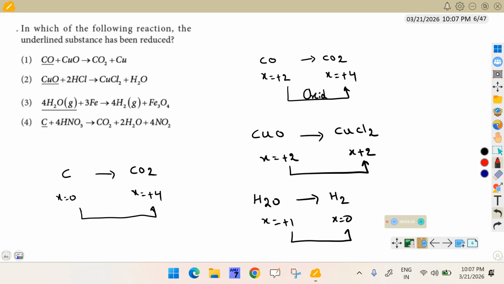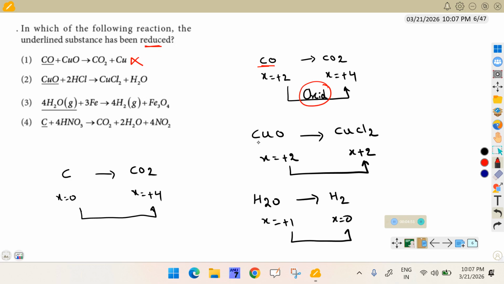In which of the following reactions has the underlined substance been reduced? Underlined substance is CO. CO is converted to CO2; plus 2 oxidation state is converted to plus 4. Oxidation takes place. The question is reduced. So first option is wrong.